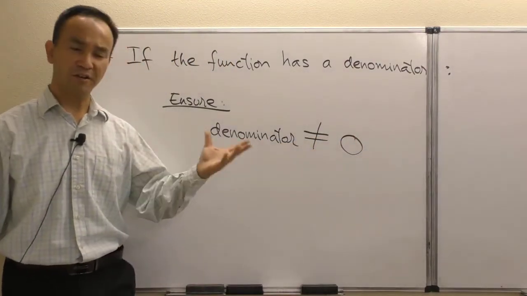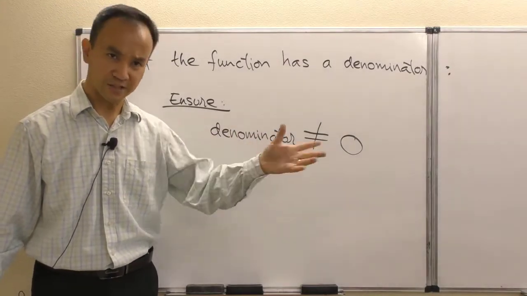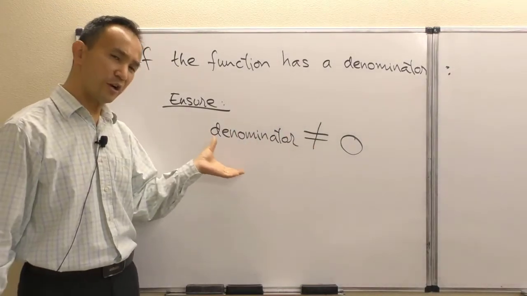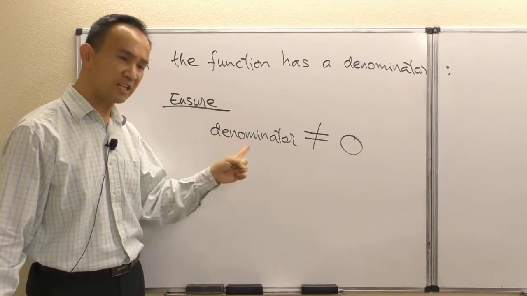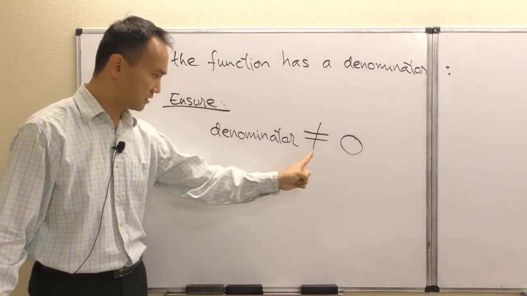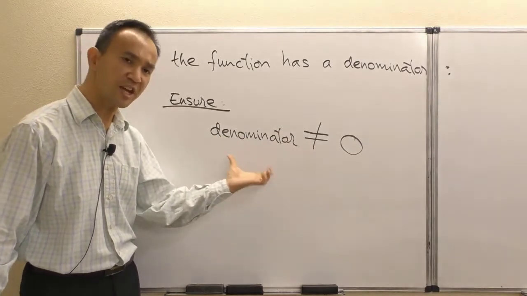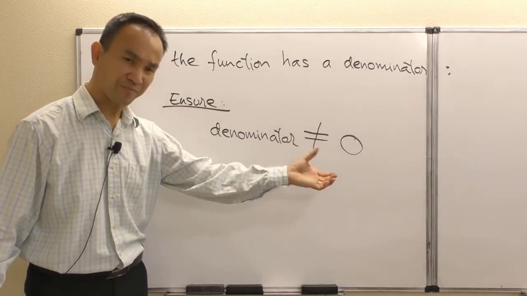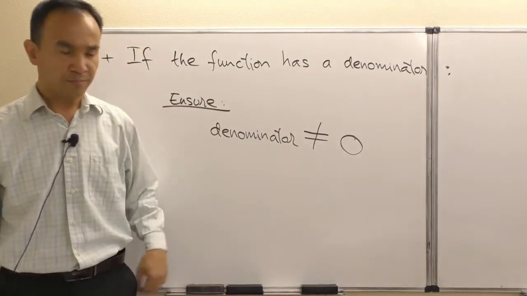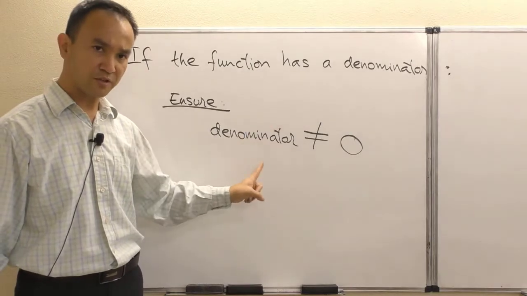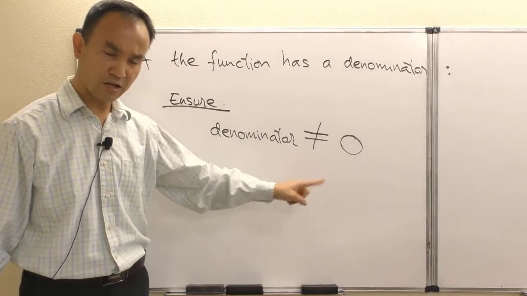And then from there, we're going to start looking for the bad guys. If we recall from example 5, the way to ensure the denominator is non-zero is to purposely set the denominator equal to 0, and then we find the bad guys from there. But the main fundamental is to ensure the denominator is not equal to 0.